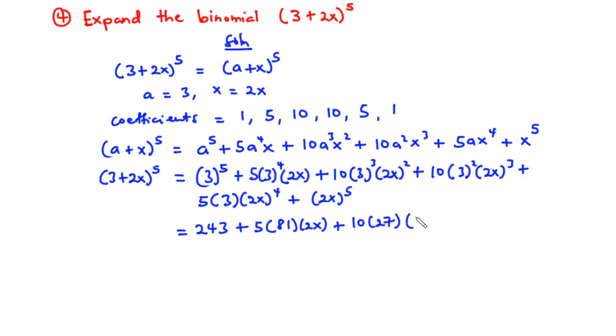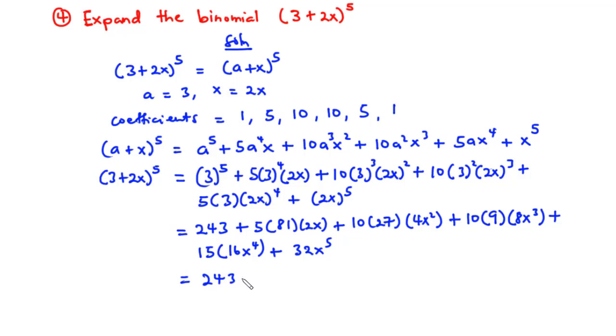And then this becomes 4x squared plus 10 times 3 squared is 9, and then 2 cubed is 8. So we have 8x cubed plus 5 times 3 is 15. 2 to the power 4 is 16. So 16x exponent 4 plus 2 to the 5th power is 32. So we have 32x to the power 5.